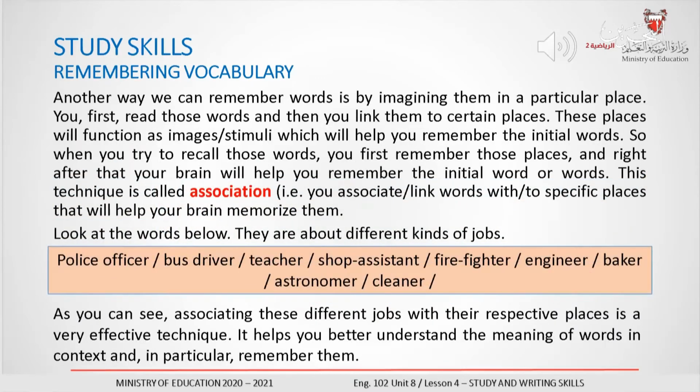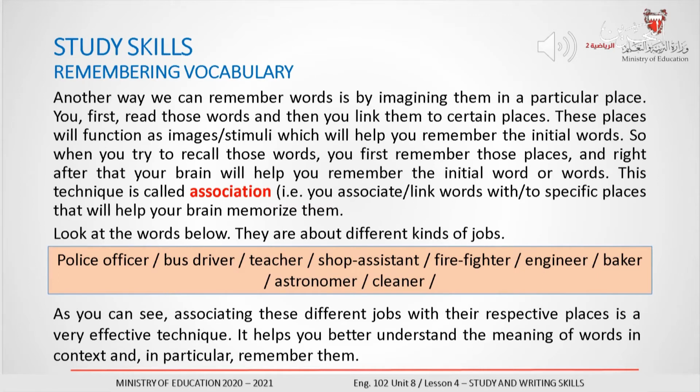Another way we can remember words is by imagining them in a particular place. You first read those words and then you link them to certain places. These places will function as images, stimuli, which will help you remember the initial words.